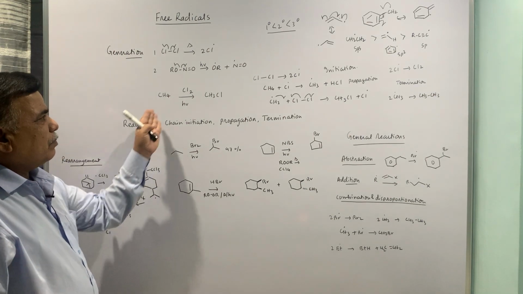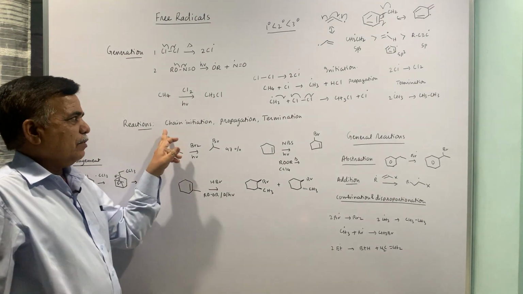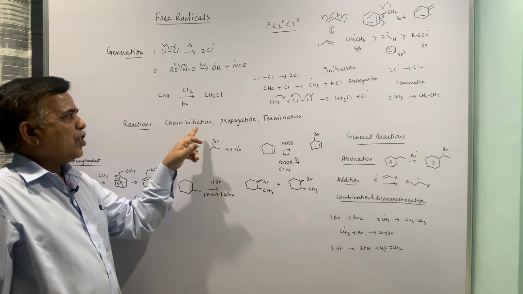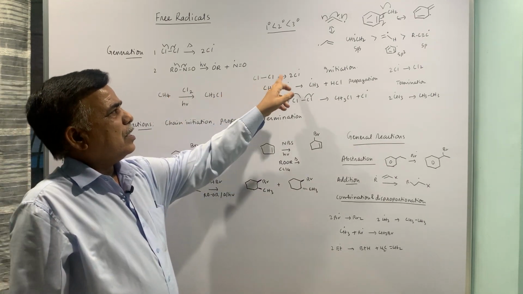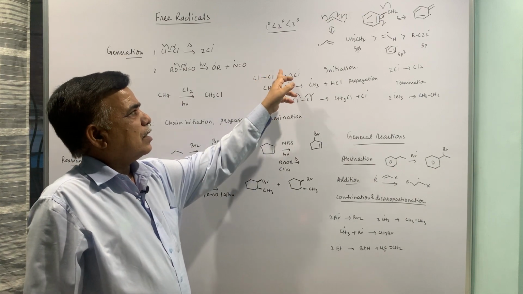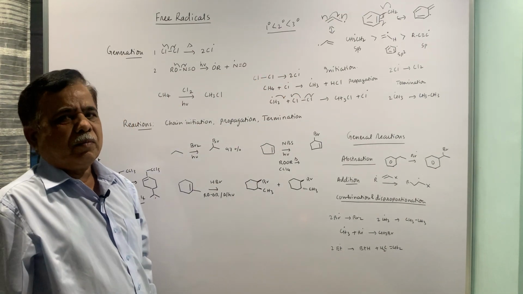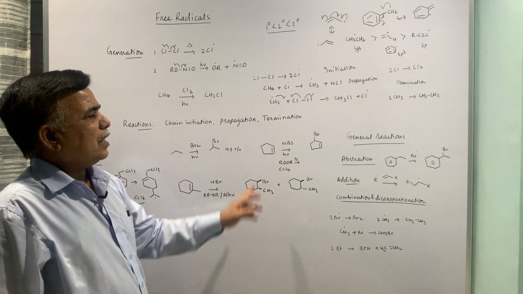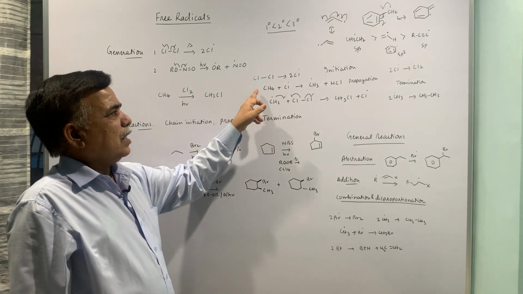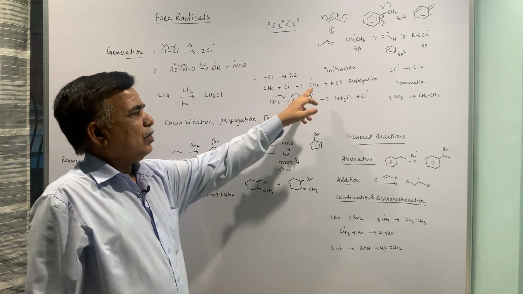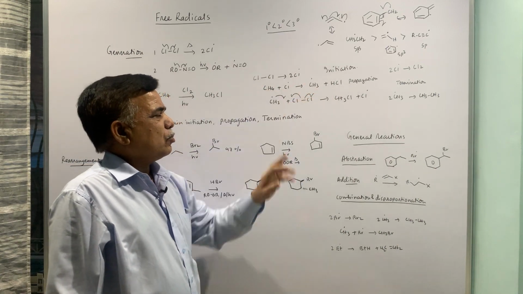The characteristic of this free radical reaction is it involves 3 steps. Chain initiation. So here I have written chain initiation: when this is heated or exposed to sunlight, it will form 2 chlorine radicals. When that interacts with methane, it will form methyl radical and HCl goes off.